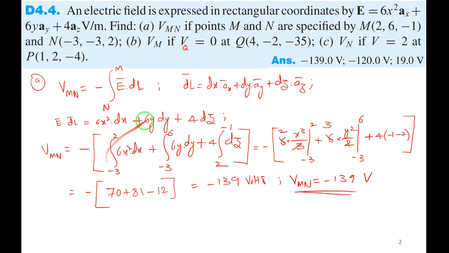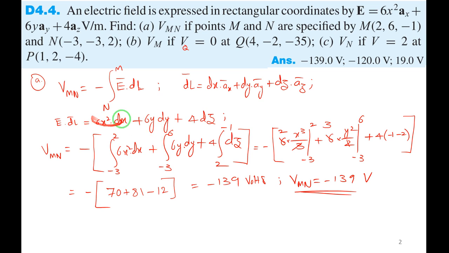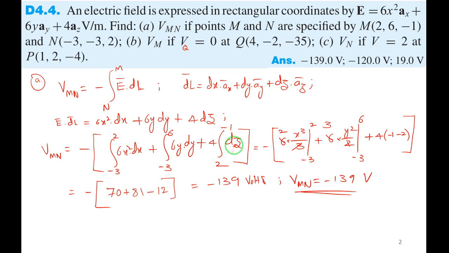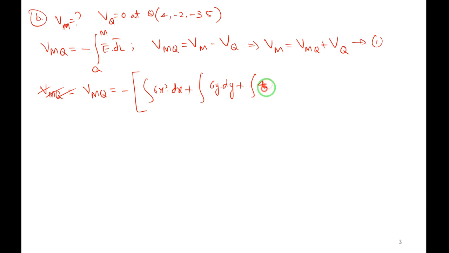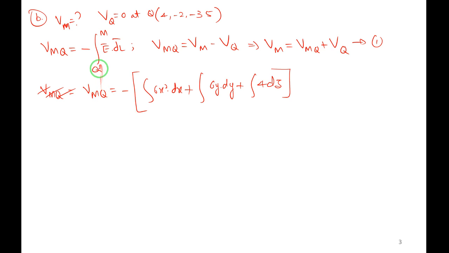VMQ is equal to minus, we'll split the integral of E dot dl: integration of 6x square dx plus integration of 6y dy plus integration of 4 dz. Here the limits are not from N to M, here it is from Q to M, right?